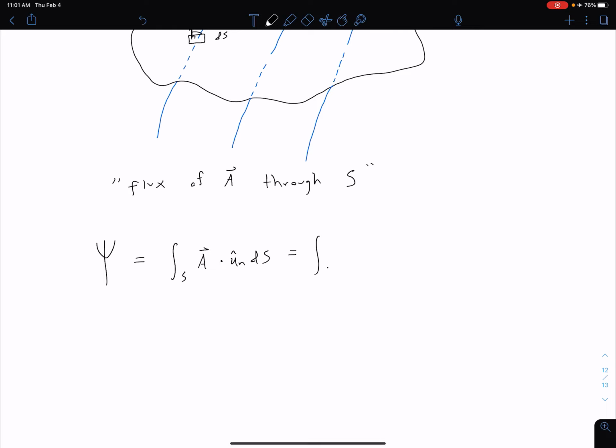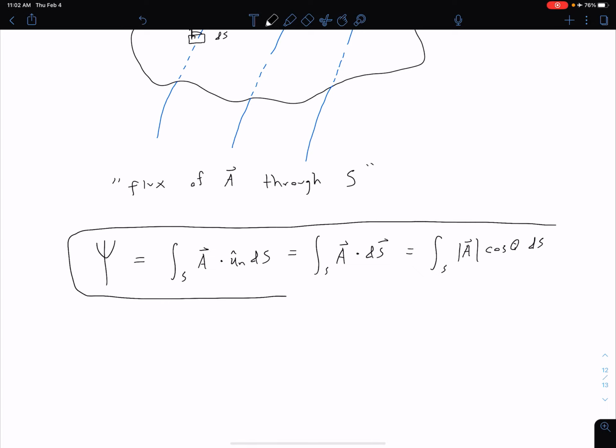So we could also write this as an integral over S of A dot ds, where we're using a differential normal surface area like we saw in a previous video. And we could also write this as an integral over the surface of the magnitude of A times the cosine of theta ds. So we have a few different options in terms of how we represent that.